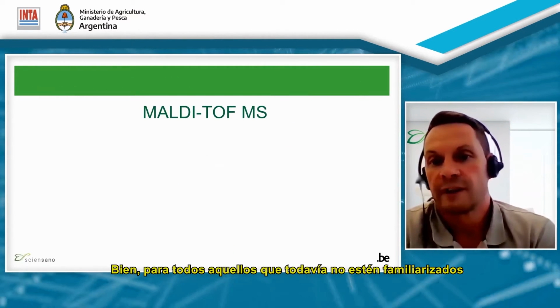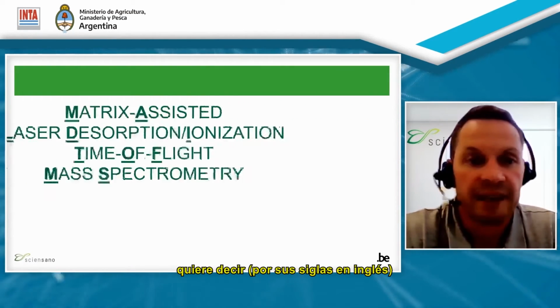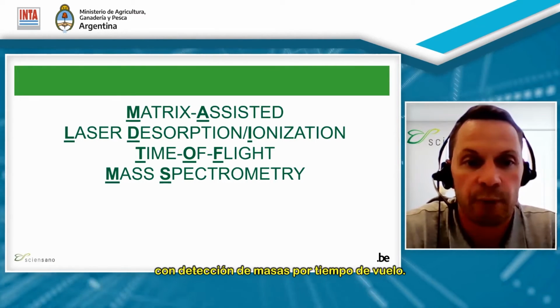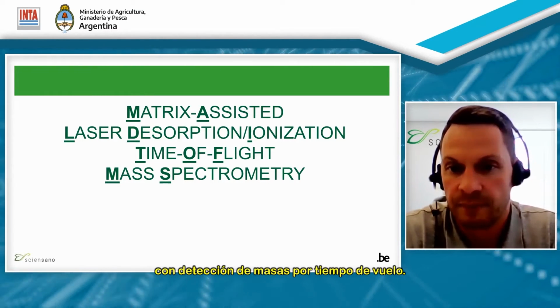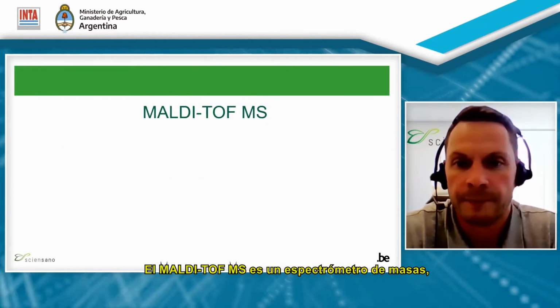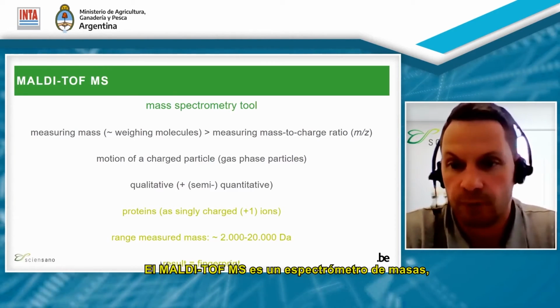Well, for those that might not yet be familiar with the term MALDI-TOF MS, it stands for Matrix-Assisted Laser Desorption Ionization Time-of-Flight Mass Spectrometry. The meaning will become clear in the following minutes. MALDI-TOF MS, it's a mass spectrometry tool.